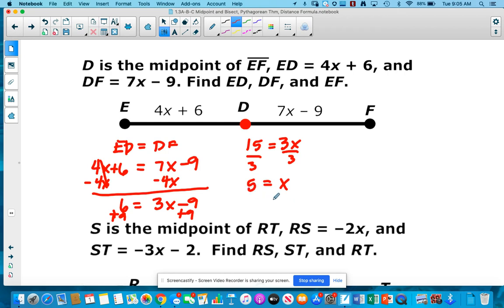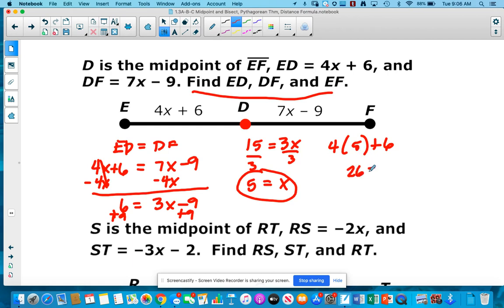So if x equals 5, a lot of times on tests, people say, oh, I'm done. But you have to go back up and read. What is it actually asking you to do? Find ED, DF, and EF. To find ED, I plug in 4 times 5 plus 6. 4 times 5 is 20, 20 plus 6 is 26.